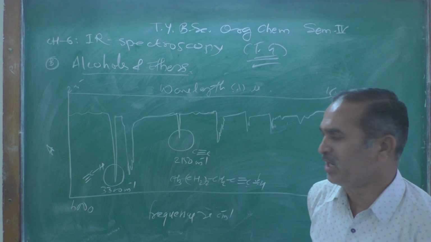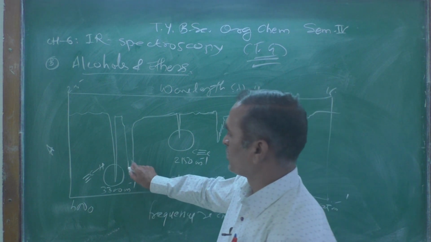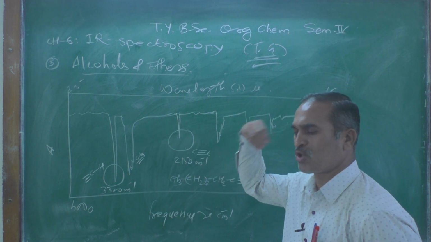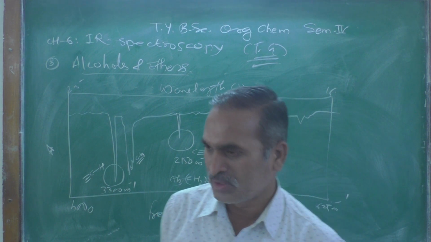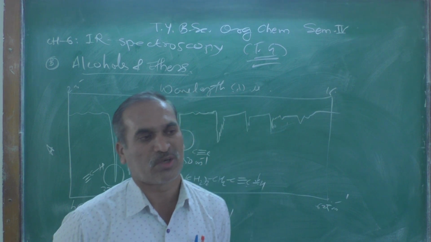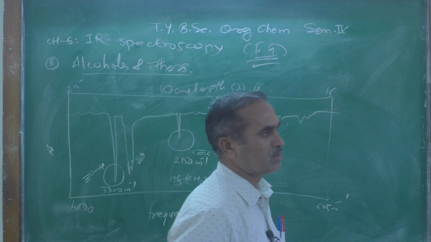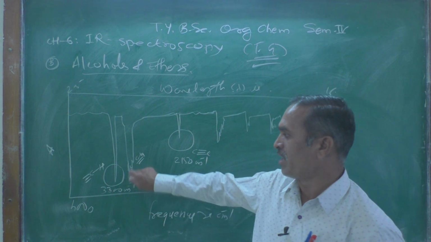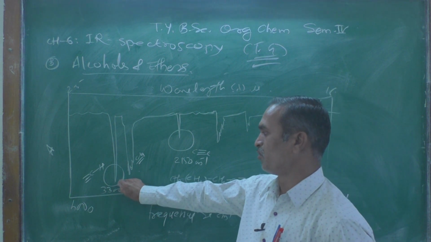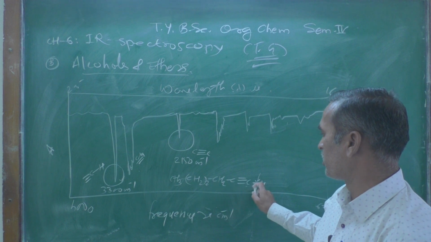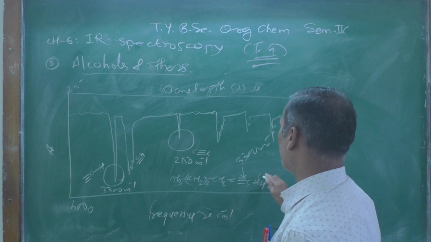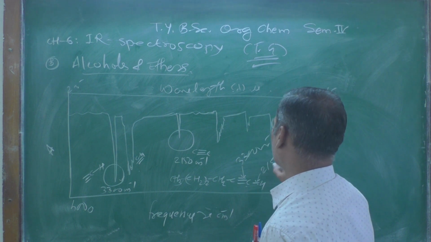These two prominent peaks are observed, apart from the CH stretching frequency common to all organic compounds. So it is not useful from the organic chemist's point of view, because every organic compound produces these peaks in this region.